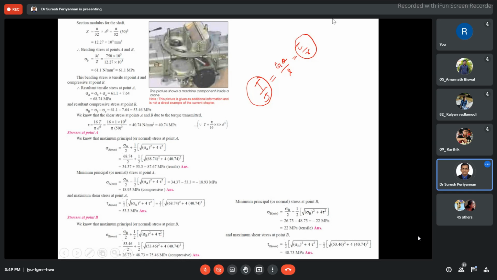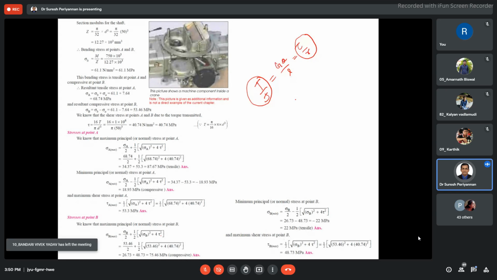Okay. Now, from these relations, I can find out what is the shear stress acting at points A and B. It's 40.74 megapascal. Now, shear is also present, right? How many components are present now?